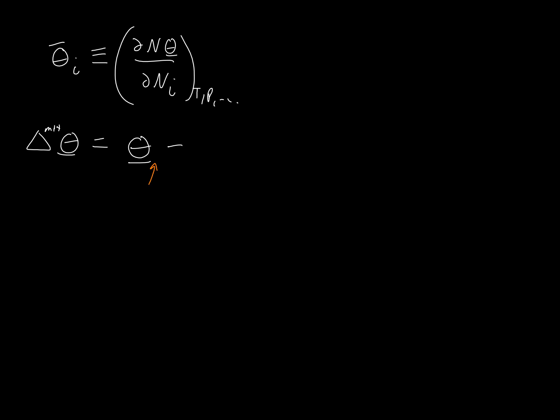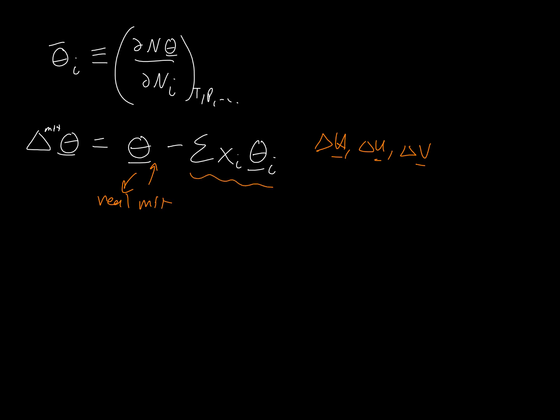Minus, in this case here, the sum of xi theta underbar of I. So this applies for delta H, delta U, and delta V. Anything without entropy in it. So this term right here, this is the real mixture property. And this term here is the initial condition.